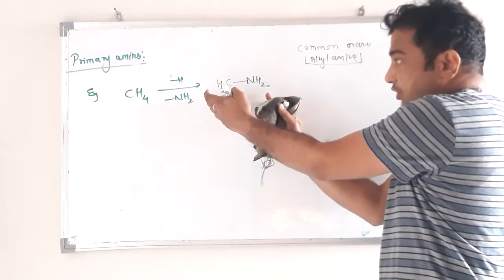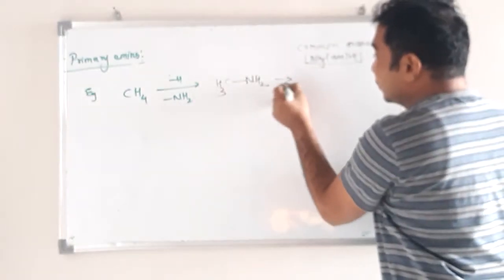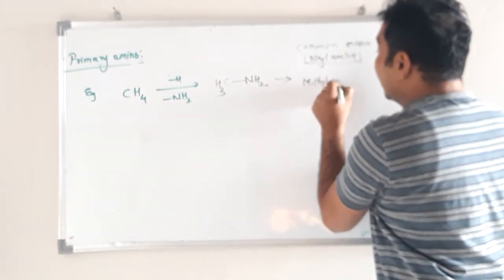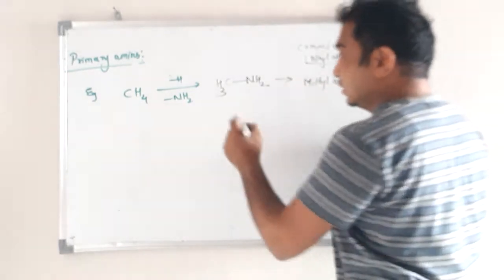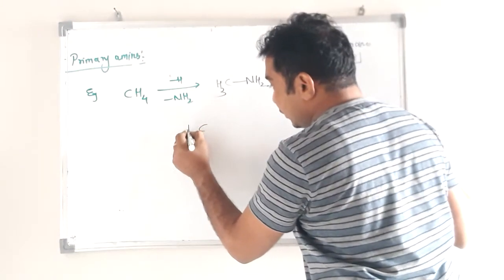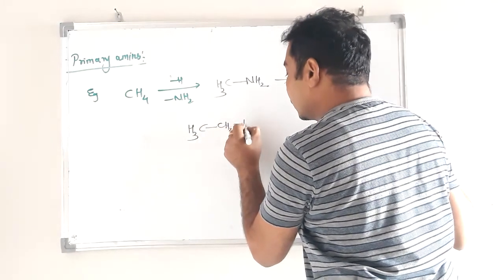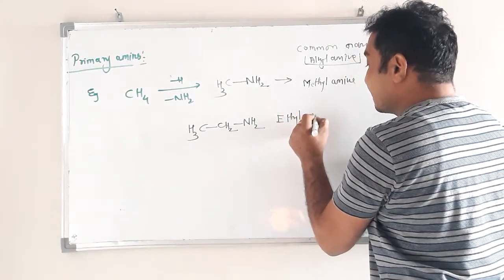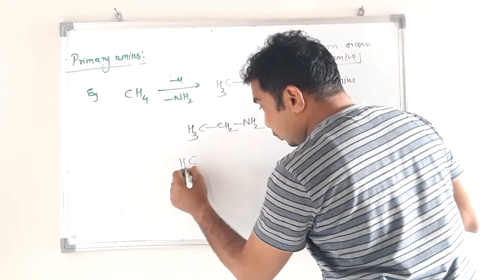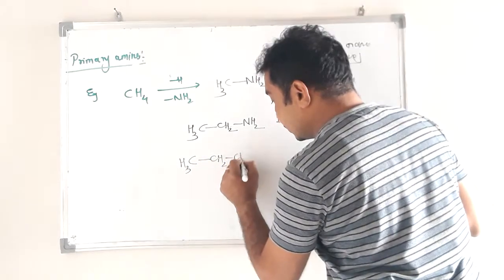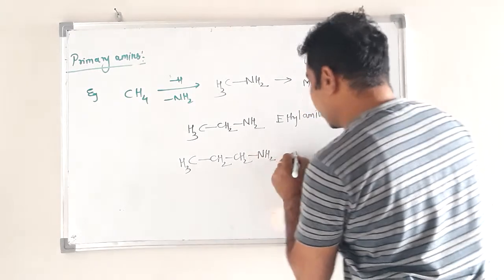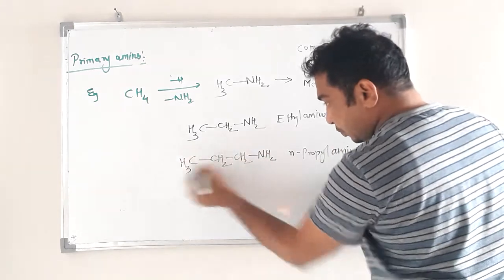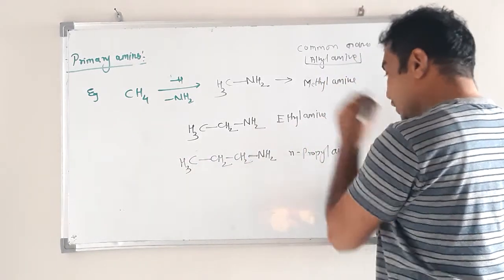So what will be the name for this CH3NH2? This is a methyl group, methylamine. If we take an ethyl group, ethylamine. N-propyl group, N-propylamine. We know N-propylamine because this is an N-propyl group having an NH2 group.